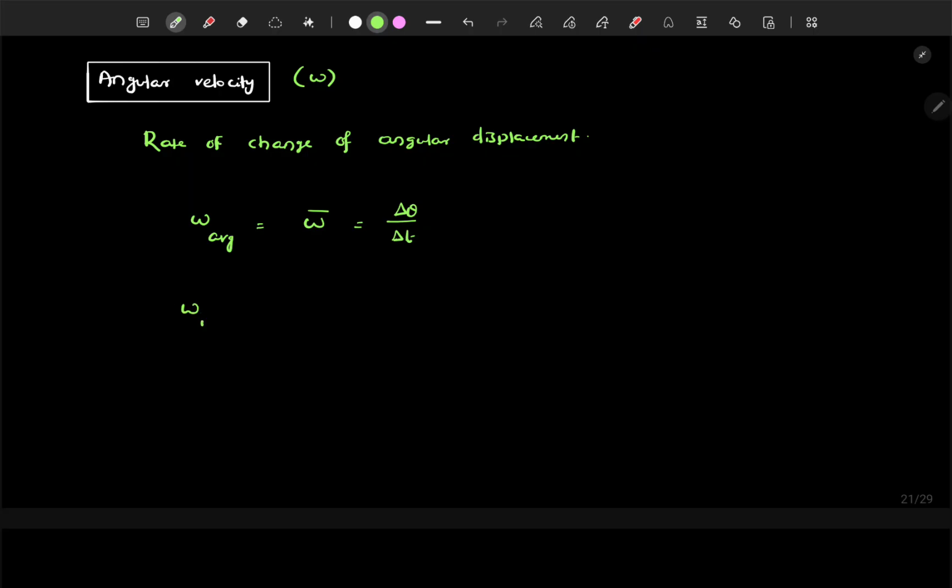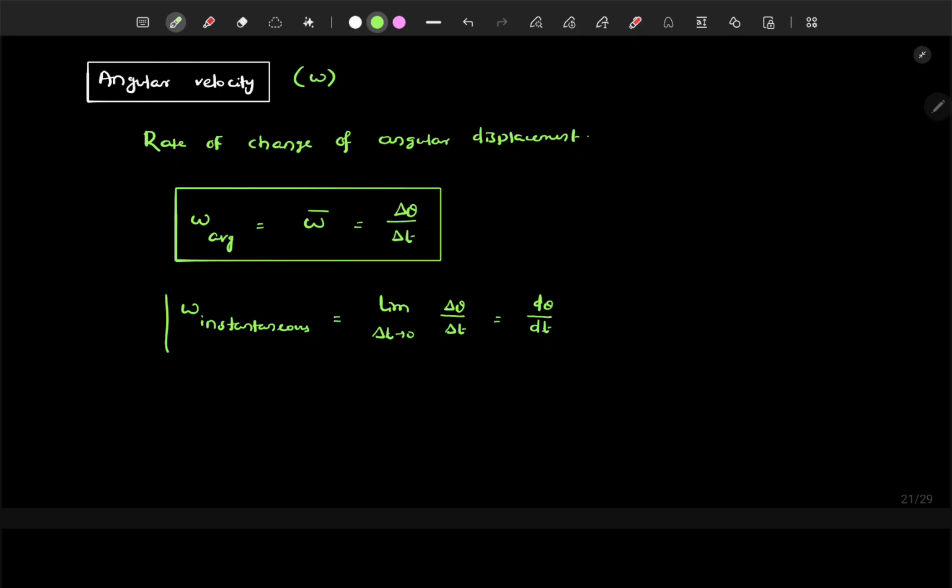At that moment we can calculate instantaneous angular velocity, omega instantaneous, whose formula will be limit delta t tends to 0 of delta theta divided by delta t, that is equal to d theta by dt. So one is your average angular velocity and the second one is your instantaneous angular velocity.